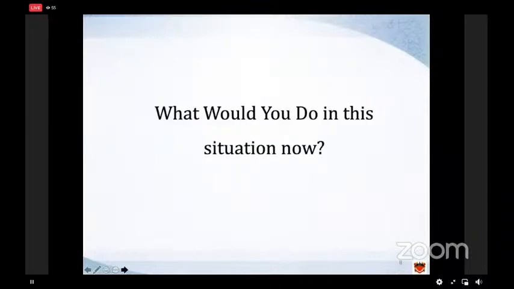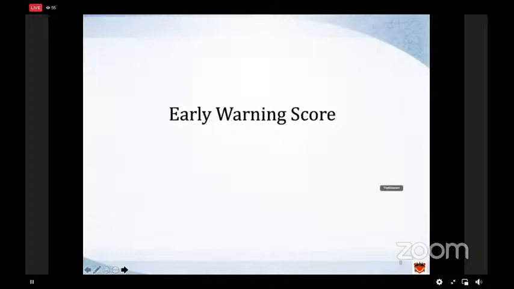So what do you think made you do these investigations and this management? Because you had a feeling he is not doing well. We got an early warning from the patient's clinical presentation.